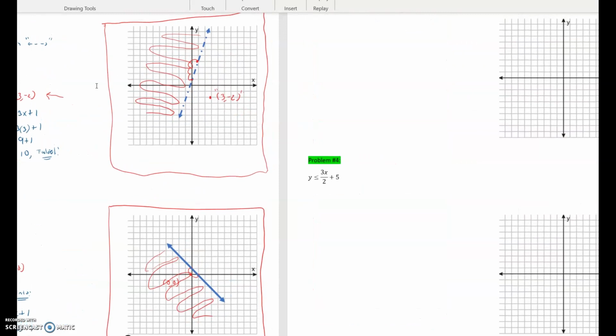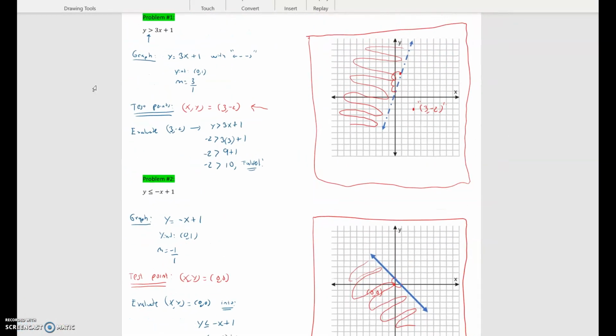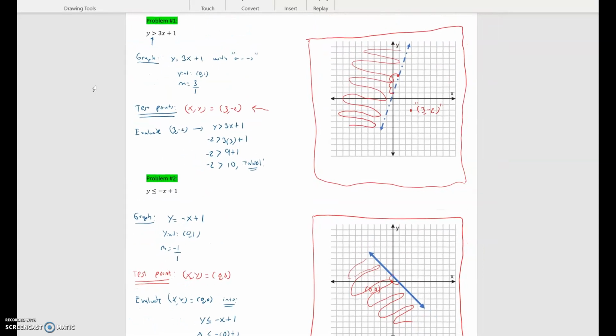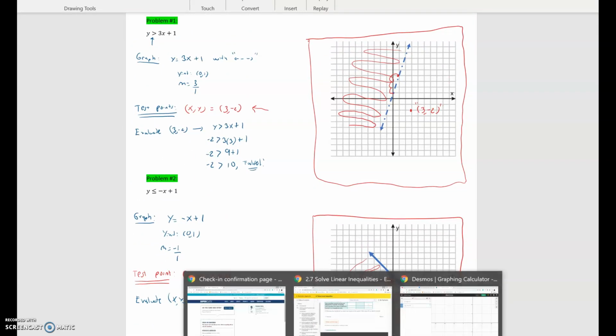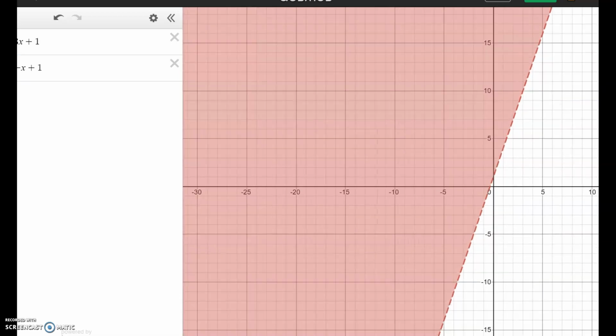That's actually it for these two. I'm going to show you how these look using technology, but let me pause the video for a minute. Okay, so let me show you how these look using technology. The first one is y is greater than 3x plus 1. And in this case, let me activate. That's our line.